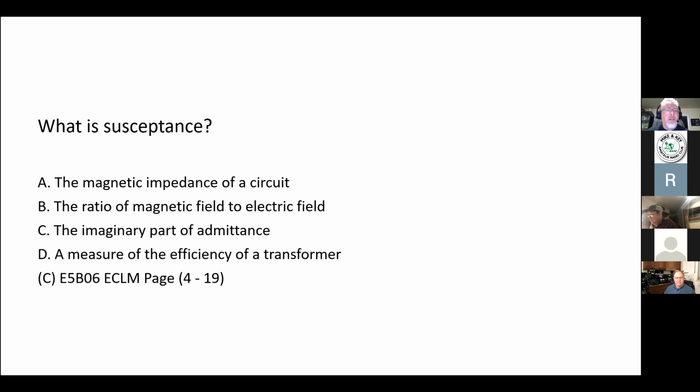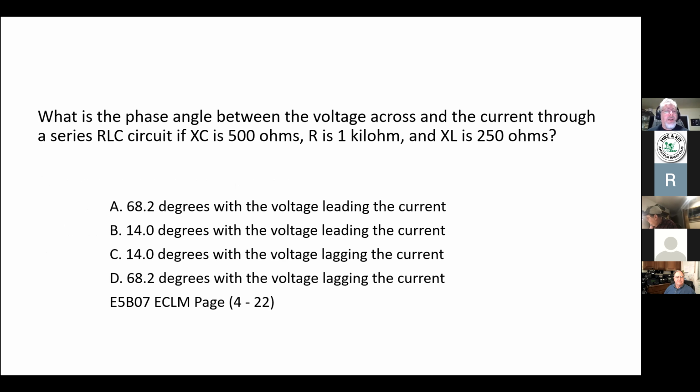What is the phase angle between the voltage across and the current through a series RLC circuit if the XC is 500 ohms, R is 1 kiloohm, and XL is 250 ohms?